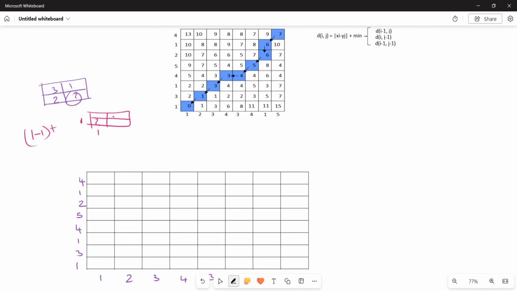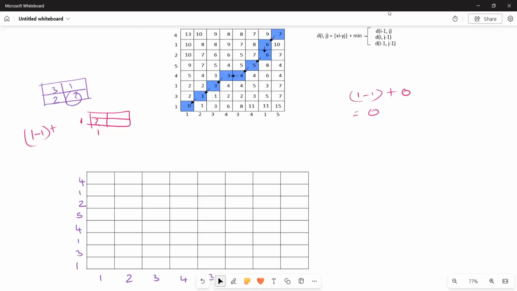When I'm calculating here, there are no values right now except your x and y. So I take 1 minus 1 plus 0, which goes to 0. This is how we calculate the values. So the value here is 0.